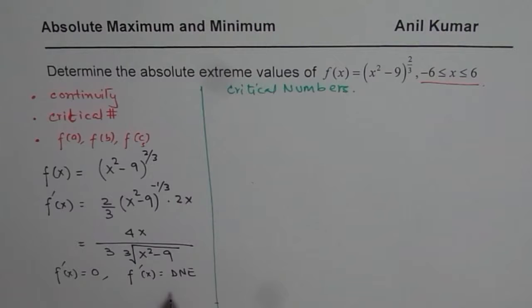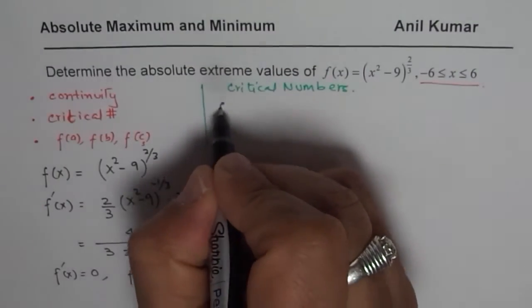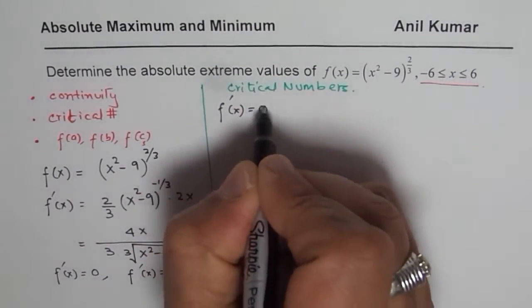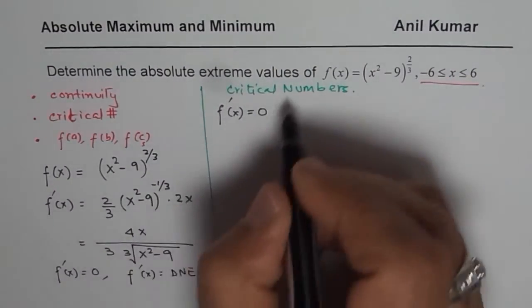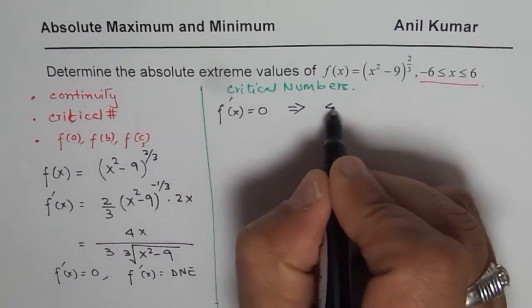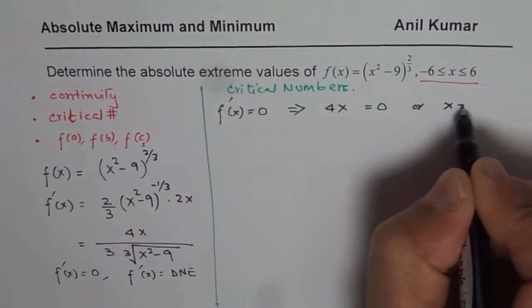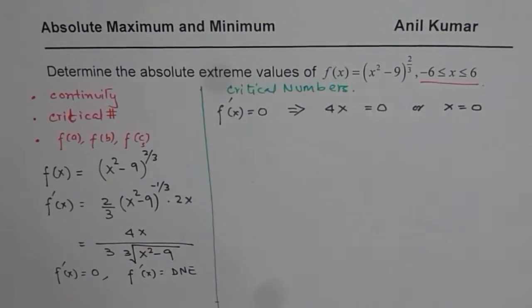You'll see from this example how it should be really done. So f dash x equals 0 gives us one of the critical numbers. That means the numerator should be 0. That implies that 4 times x should be equal to 0, or x equals 0.